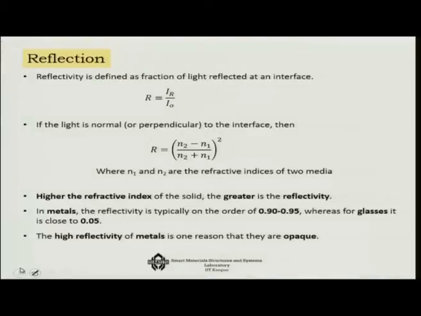Reflectivity is defined as the fraction of light that is reflected at an interface. So, it is a ratio of IR over I0. This we have also discussed when we discussed the metals.